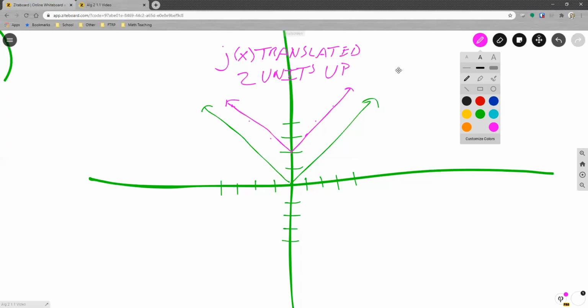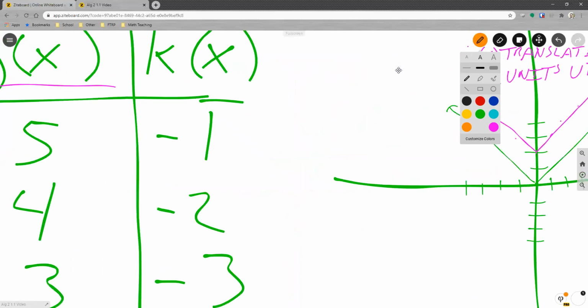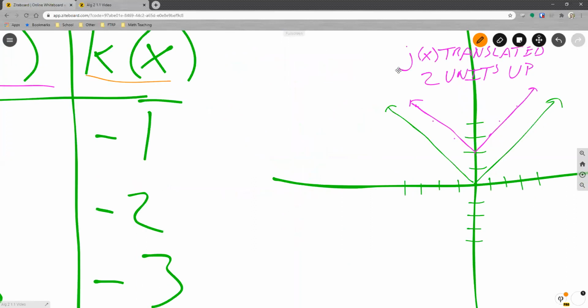Now let's do k of x. I'm going to use orange for that. Orange for k of x. When it's -3, my k of x is -1. When it's -2, I have a -2. -1, I've got a -3. And at 0, I've got a -4. It goes back up the other direction as I move back in a positive direction.